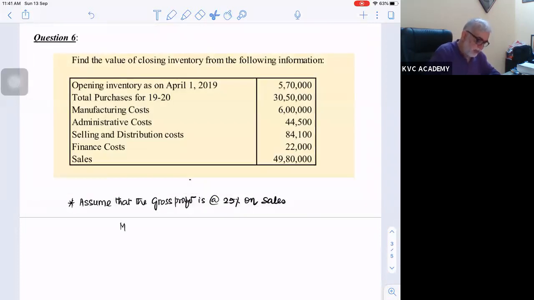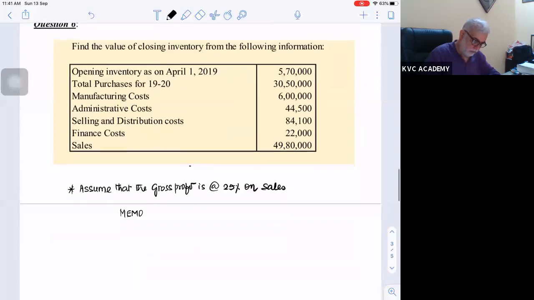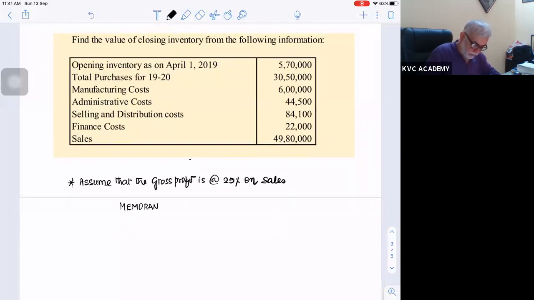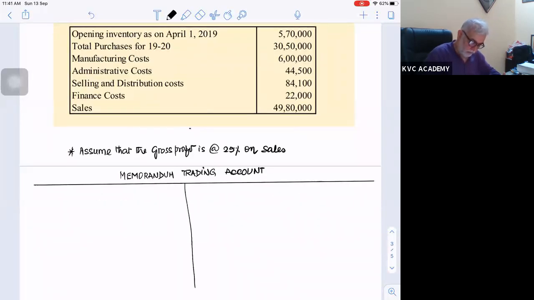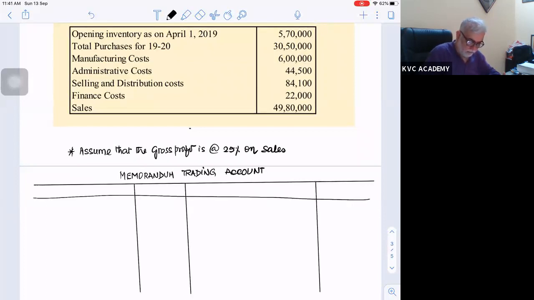So I'm going to prepare that memorandum trading account. Why do we use the word memorandum?